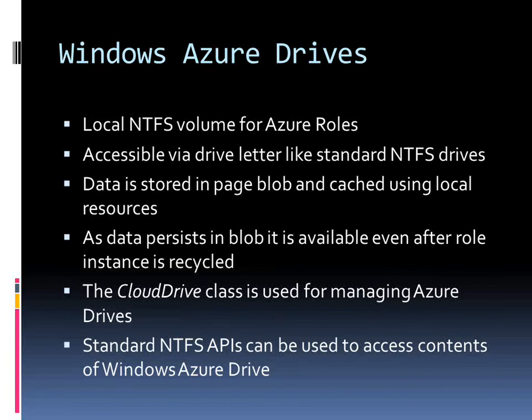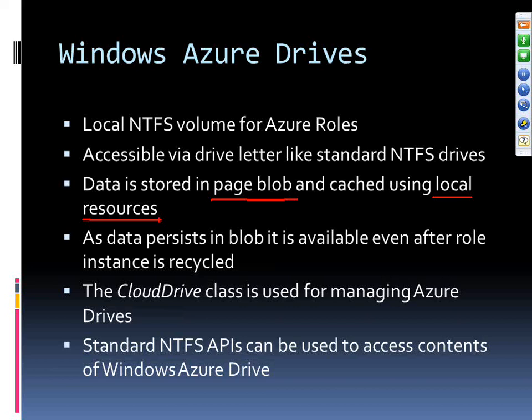So the data of the drive is stored into a page blob, and it can optionally be cached into the local resource in your role. So the data is persistent here. Data is not volatile because it is stored in the page blob. So even if your Windows Azure virtual machine recycles or restarts, the information of your drive remains.